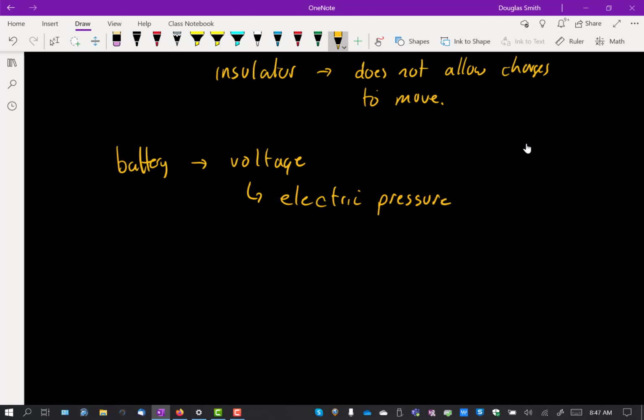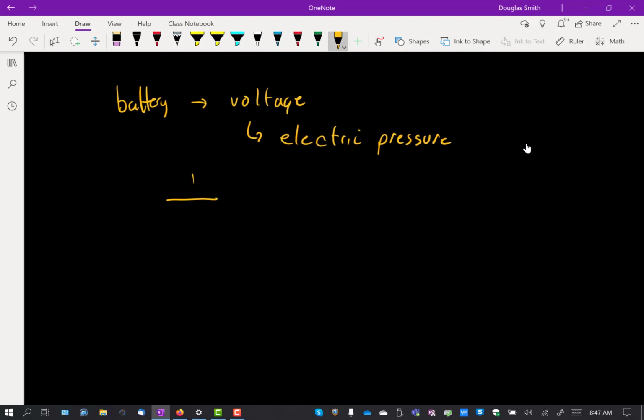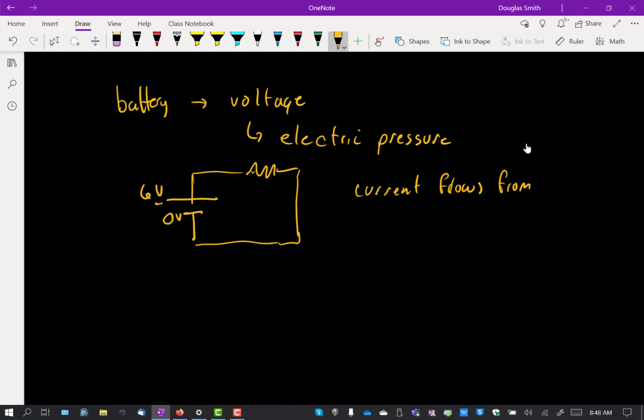And in fact, for a circuit to work, not only do we need electric pressure, but we need a pressure difference. So if we have a cell here, I'm going to redraw my circuit. We need it to have a pressure difference. So this could be, say, 6 volts right around here, and then down here it's 0 volts. And it's this idea that charges, or current, for now we'll just say current, flows from high pressure to low pressure.